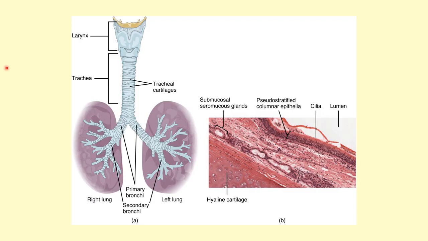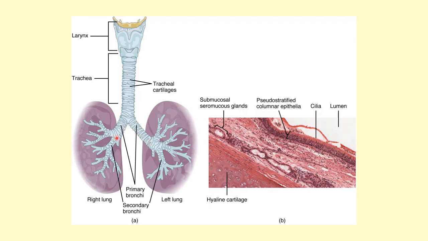This is another viewpoint of the trachea. As you can see, the larynx here, and then the trachea is here. And right here, the carina is where you have the branch of the trachea. Now, you have what's known as your primary bronchi, where one goes to the left lung, the other one goes to the right lung.